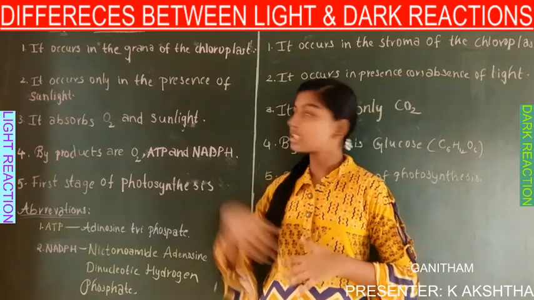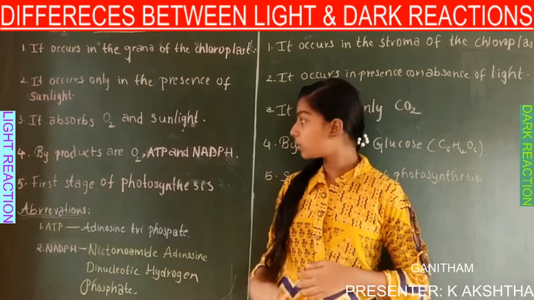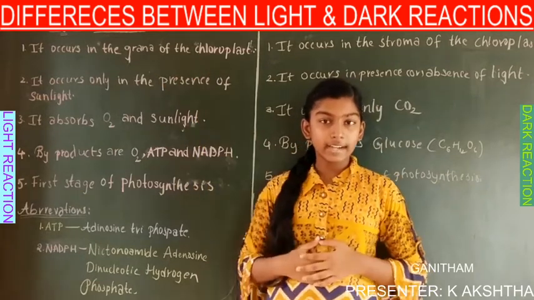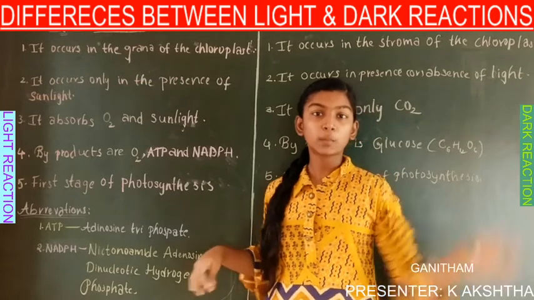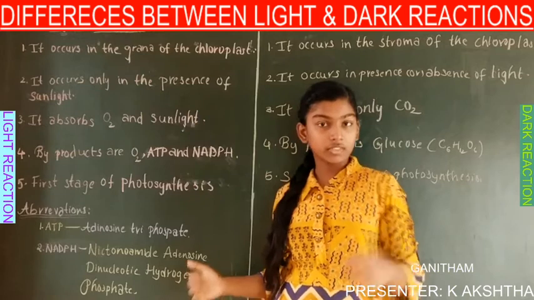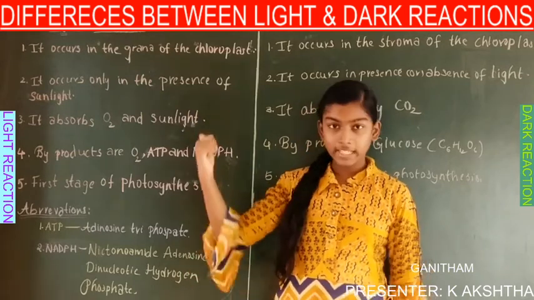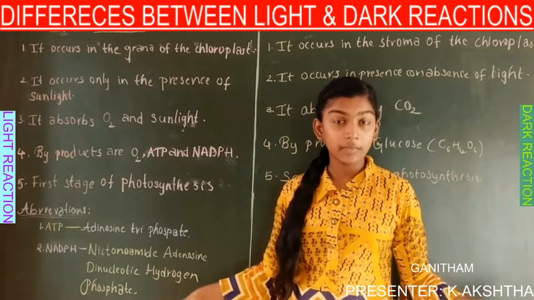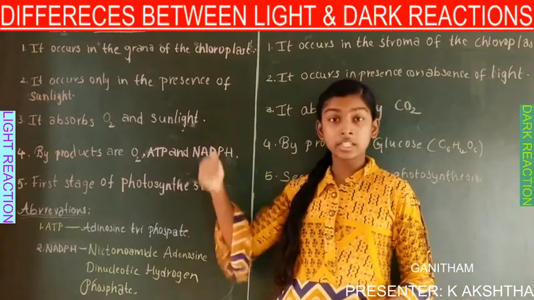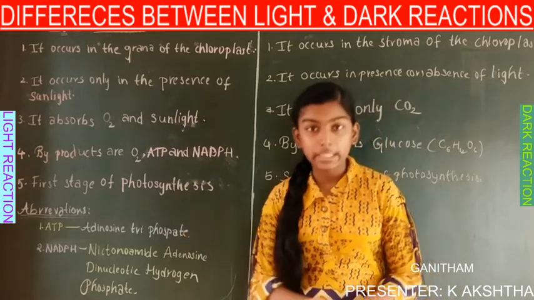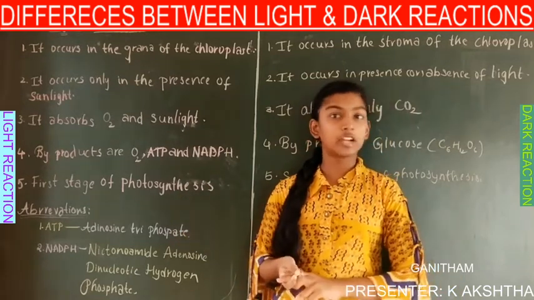Let us see it once more. It occurs in the grana of the chloroplast. Grana is nothing but a group of thylakoids present in the chloroplast. Secondly, it occurs only in the presence of sunlight, not at night. It is dependent on sunlight. It is also called the light dependent phase and the photochemical phase.